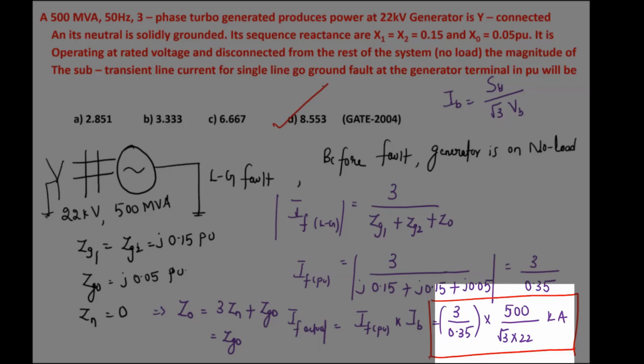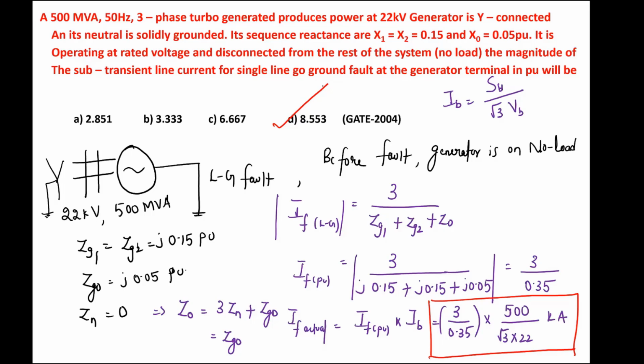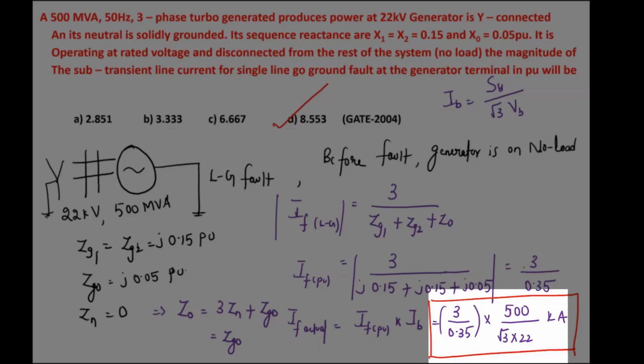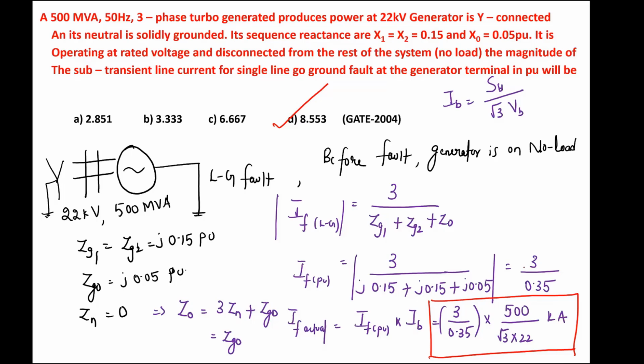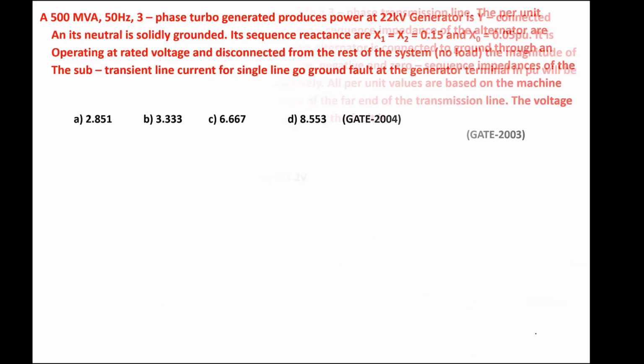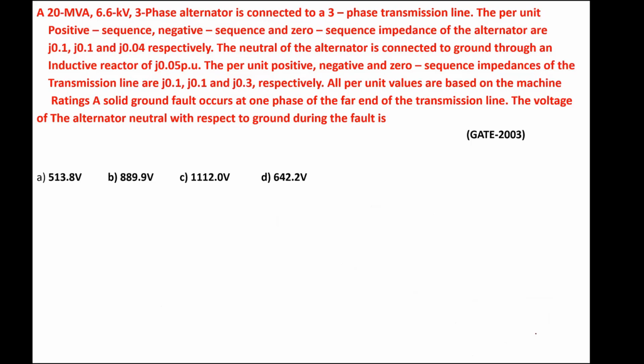But if he asks for the actual fault current, then we have to multiply with the base current, given by S base divided by root 3 V base, that is 500 MVA divided by root 3 into 22 kV. This will give you the actual fault current in kiloampere. Understand? So this is the option, 8.553 per unit. A very lengthy question, but a very easy answer.